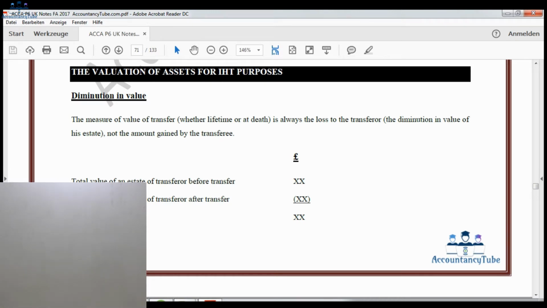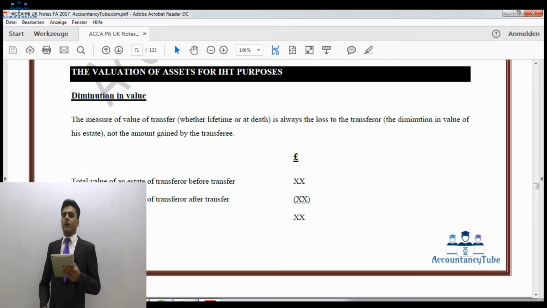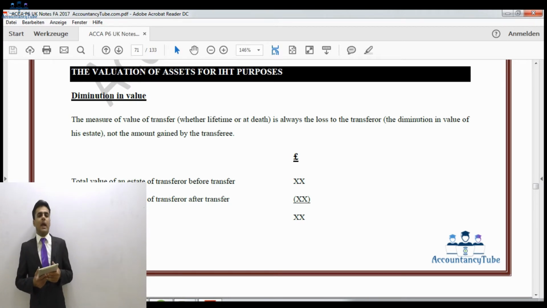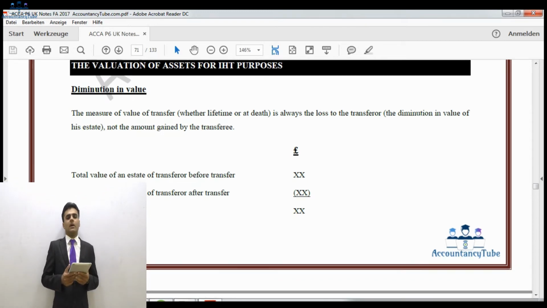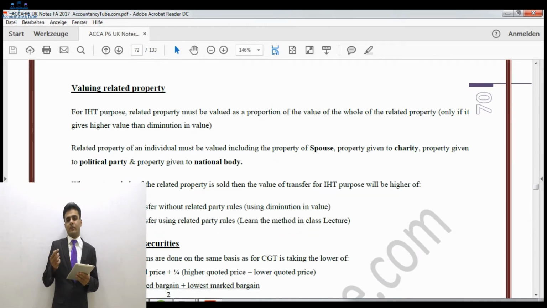However, for P6 purposes, there is an additional rule with regards to the diminution in value, which is known as valuing related property, right? Valuing related property. Now, say for example, if I hold shares in a company, and one of the exempt parties, so how many exempt parties were there? There were political parties, there were national purposes, there were spouse as well.